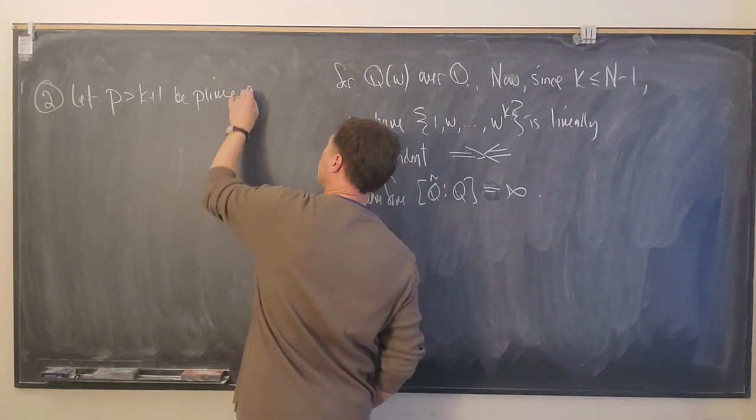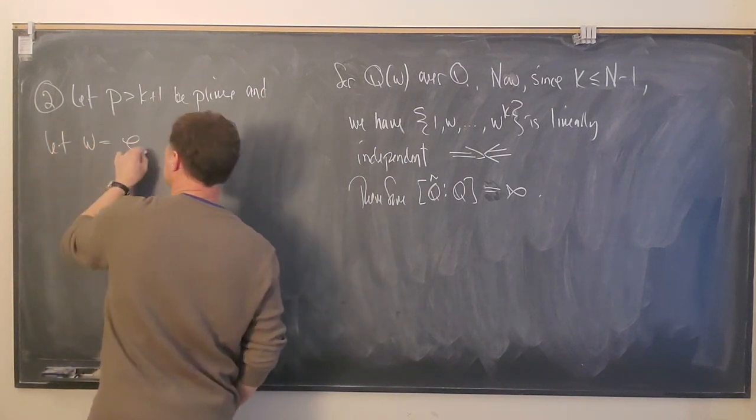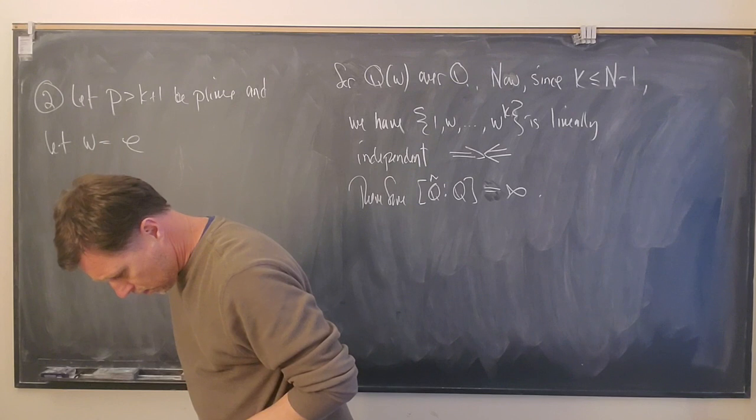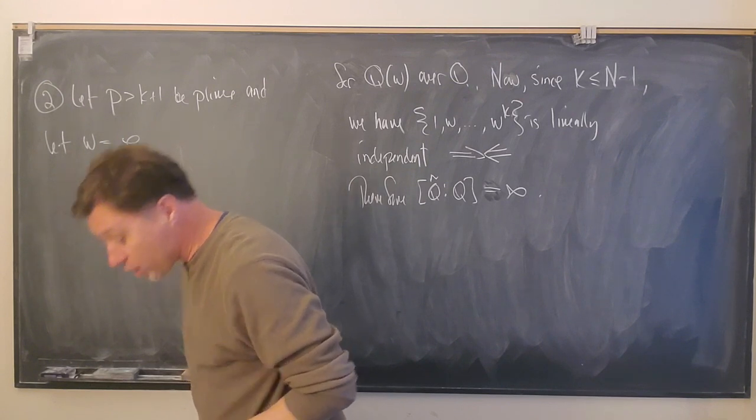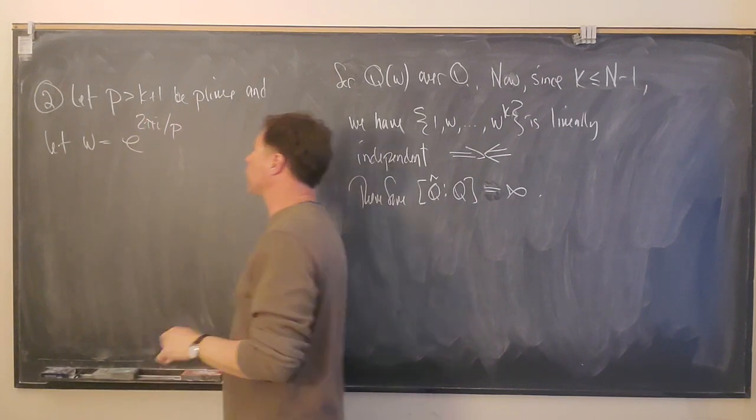And let w equal e to the 2 pi i over p. So now we have an actual root of unity, right?